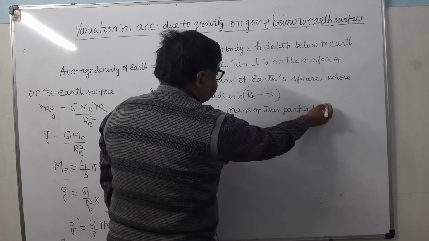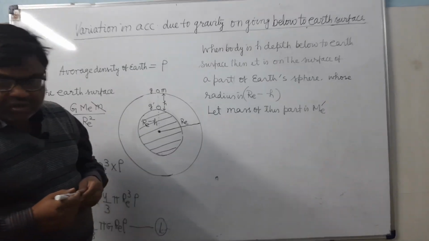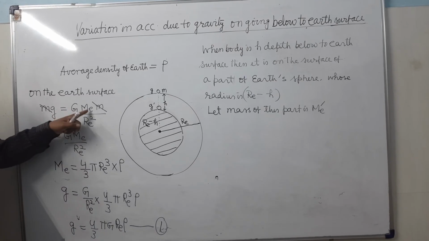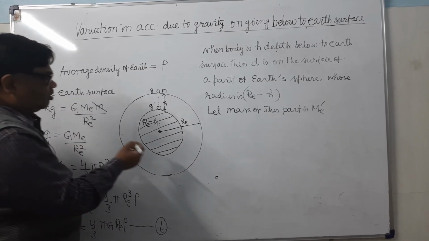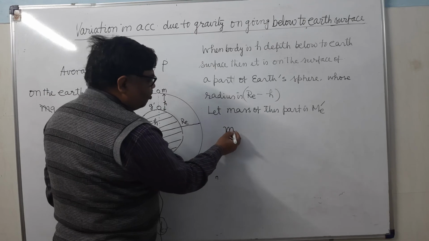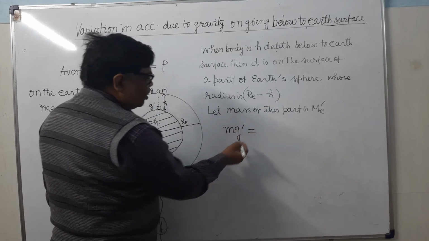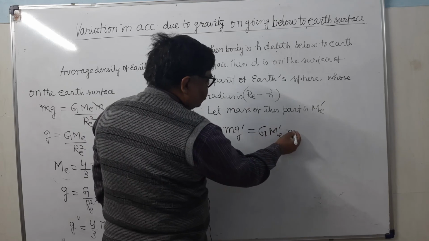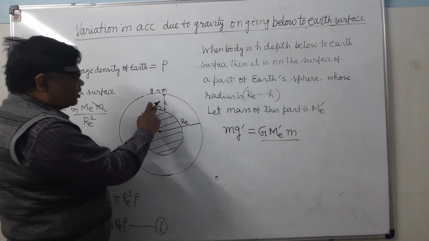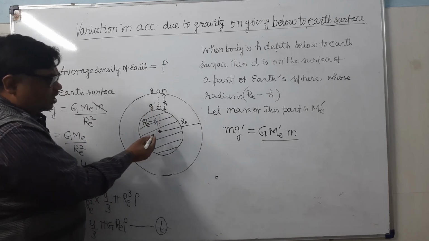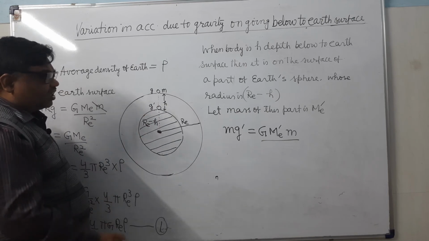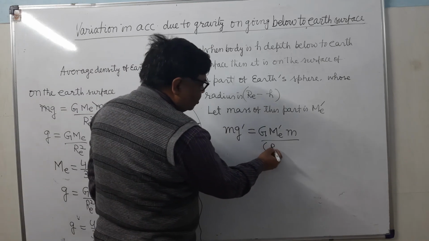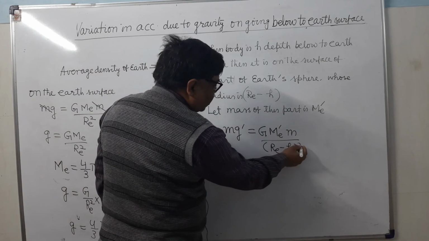So see here, what will be the relation? Weight will be equal to force by this formula. So m into g dash will be equal to G me dash into m upon what is the distance between this and this, the center of mass where the whole mass is concentrated, and its distance is RE minus h, whole square.